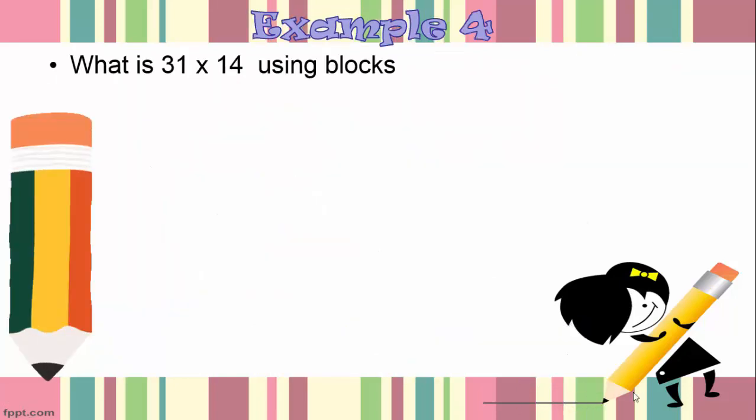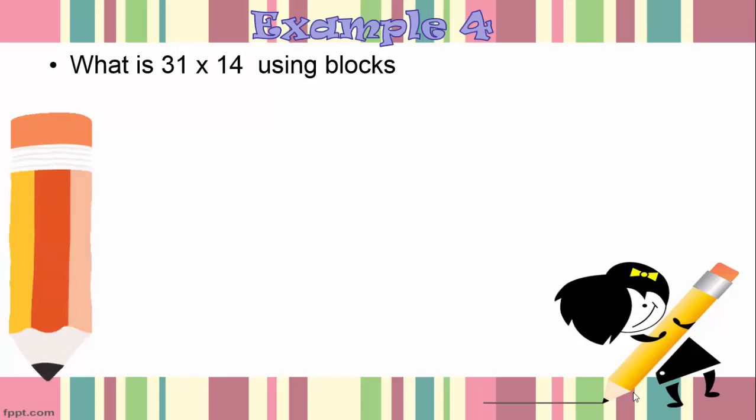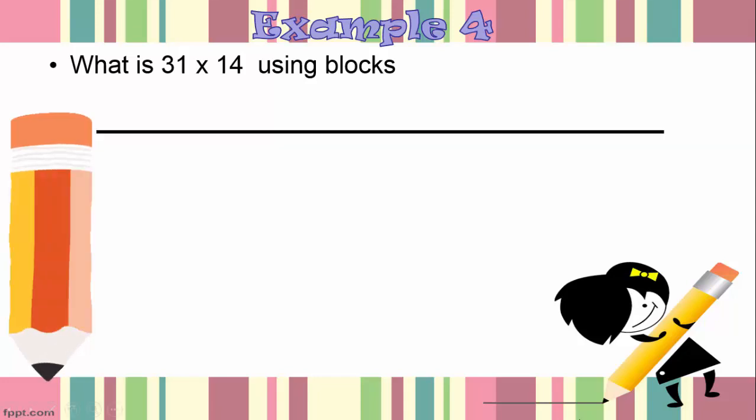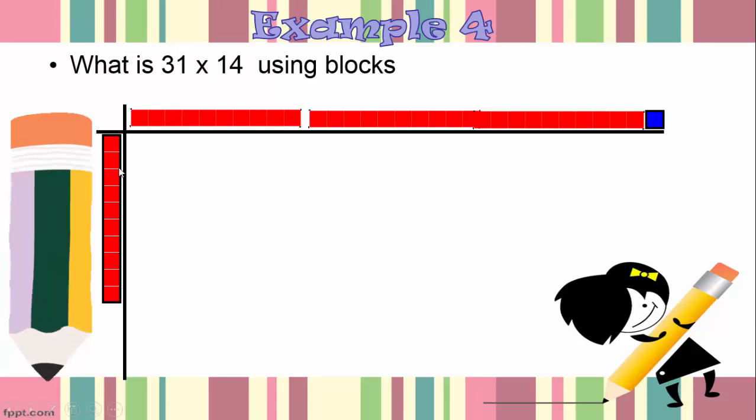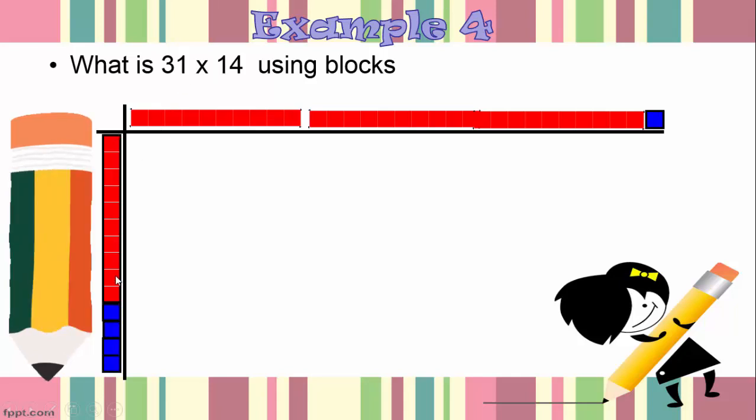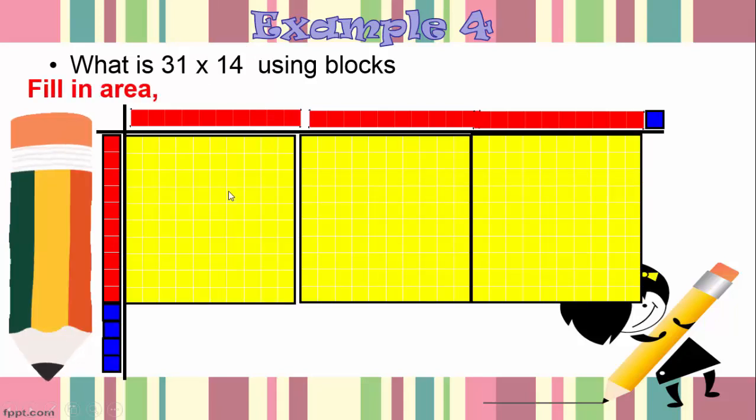In example number 4, we're asked what is 31 times 14 using blocks. So I make my table, and I'll put 3 rods and 1 unit to represent 31. And then I will put 1 rod and 4 units to represent 14. Now I will fill in the area.